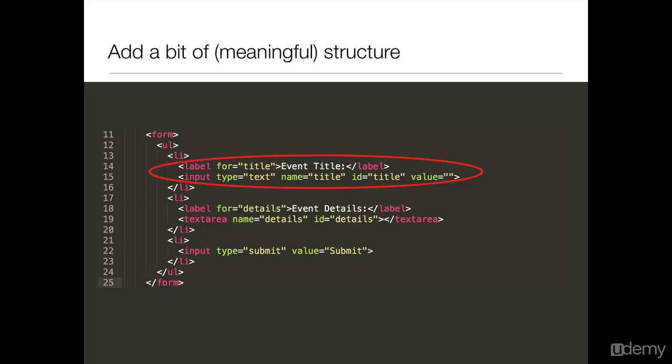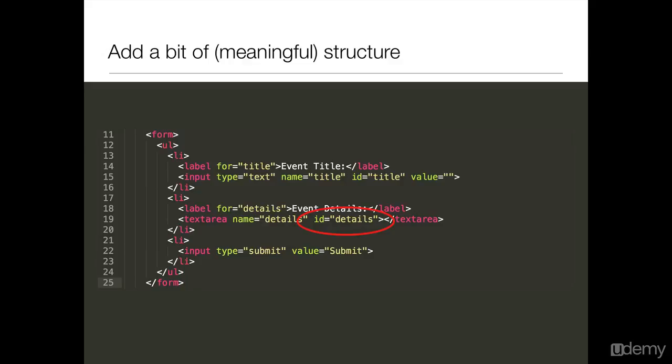But from the accessibility point of view, what I've got here is a label for details, and this is why I included the ID in the text input type element, so that now the screen reader can identify that the label is for a specific text area identified by a unique identifier.